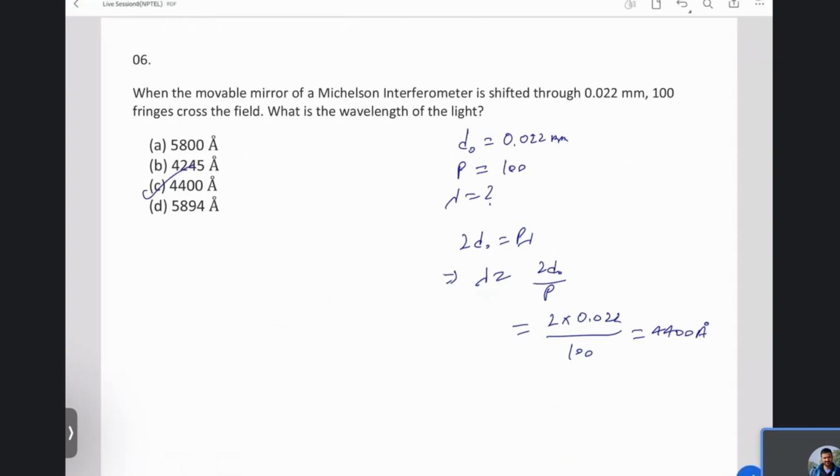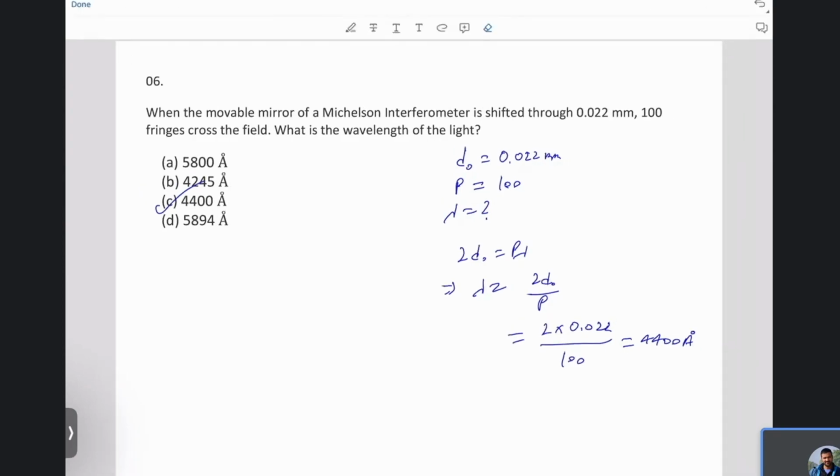The same formula can be applied here also. So the main concept here to learn is, whatever you do, if you change the distance between the two interfering beams, the fringes will either appear or disappear. The distance with which you change is given by D naught, the fringes that appear and disappear is given by P, and lambda is the wavelength of light.